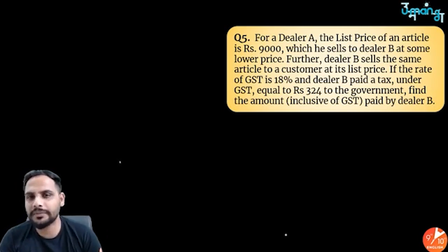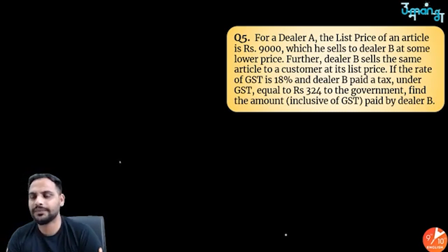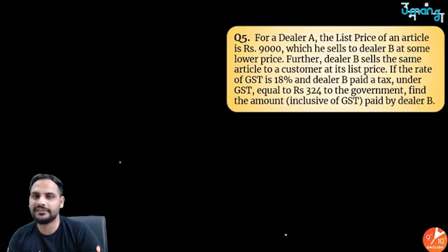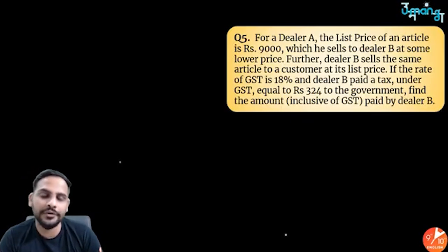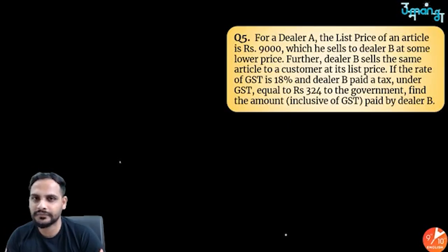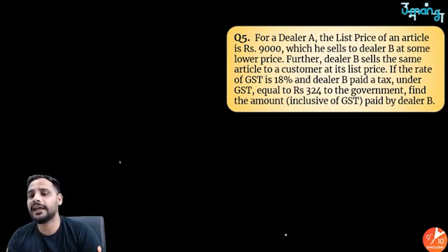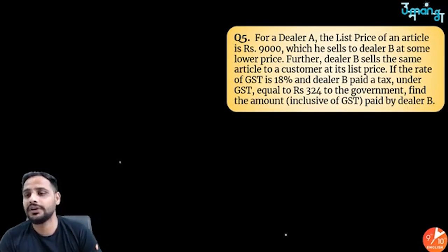He has reduced the price by something, how much we don't know. Further, B has sold the same article to a customer at its list price. That means B has sold it at rupees 9,000 only.